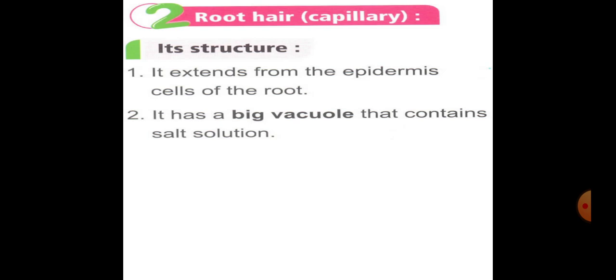What about the root hair or capillary? The root hair extends from the epidermis cells of the root, as we said before, from the epidermis layer.